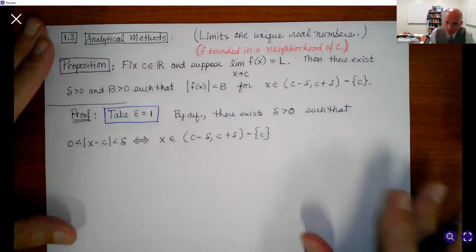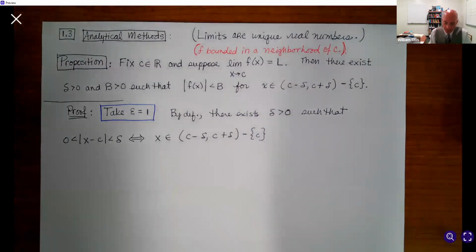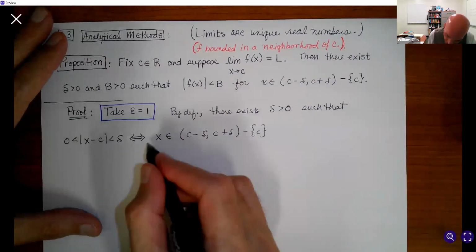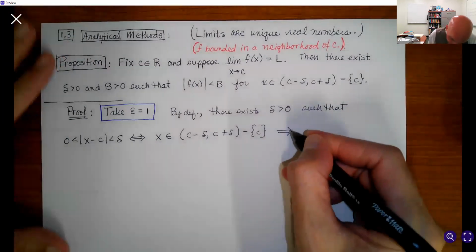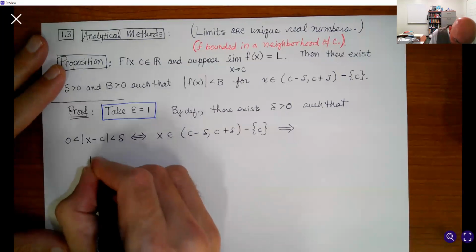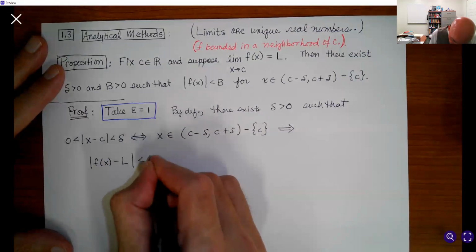It's like we kick out the c, so we take away that element. So we've got a hole at c. This implies that now |f(x) - L| < 1.